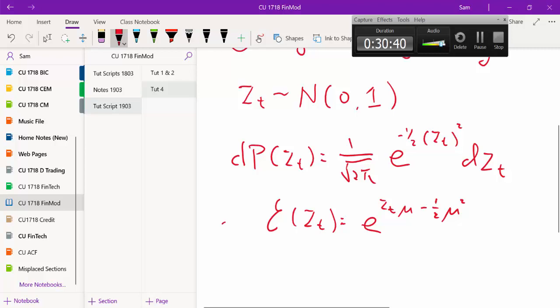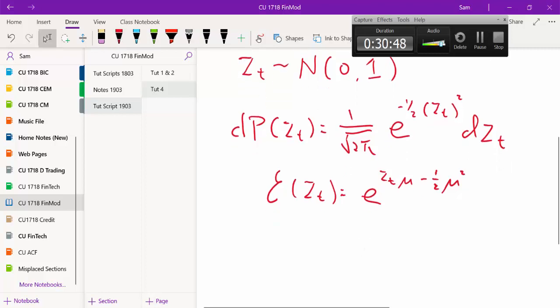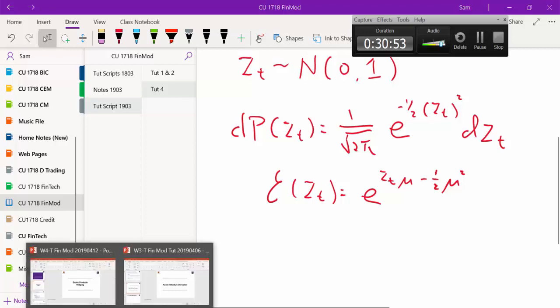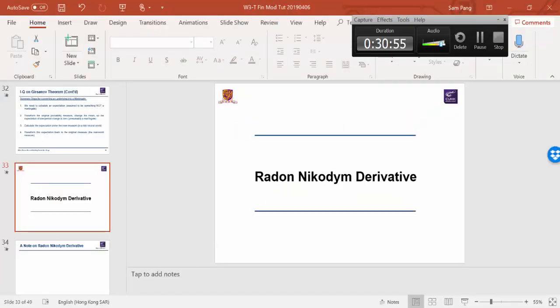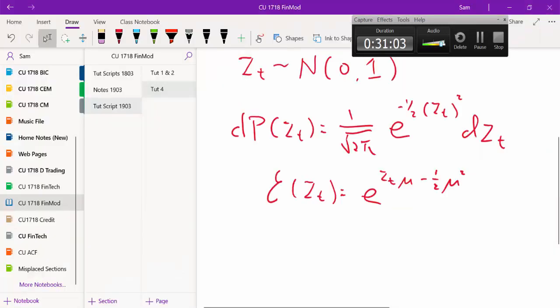What is that called? Is it epsilon, I think? So epsilon of ZT. You might be wondering, what are you trying to do, Sam? I'm trying to explain to you what the Radon-Nikodym derivative is, and it is actually related to the martingale or the Girsanov change of measure.